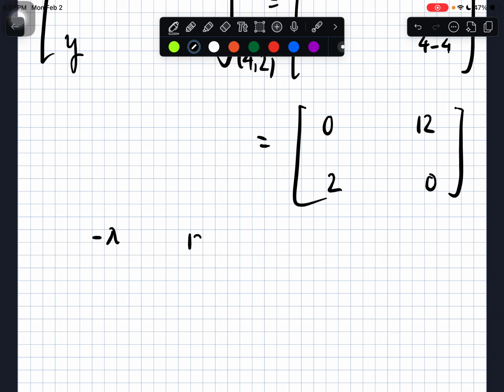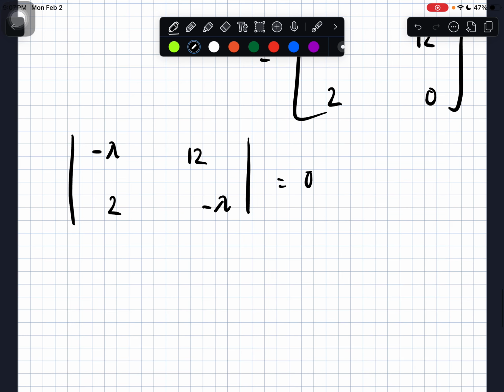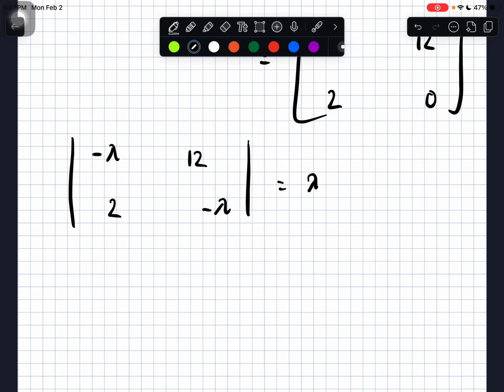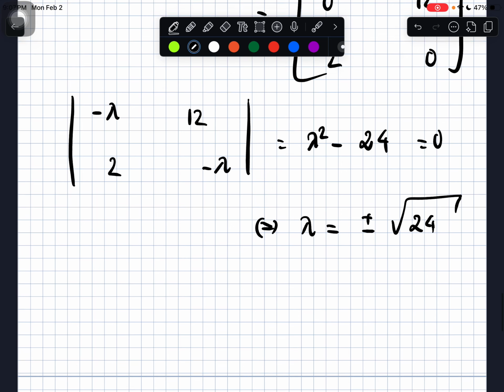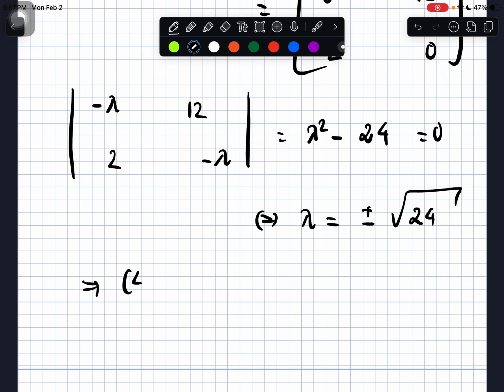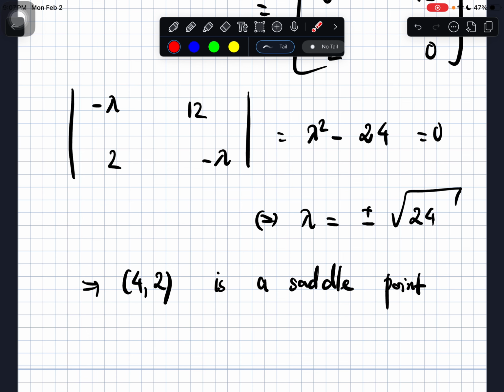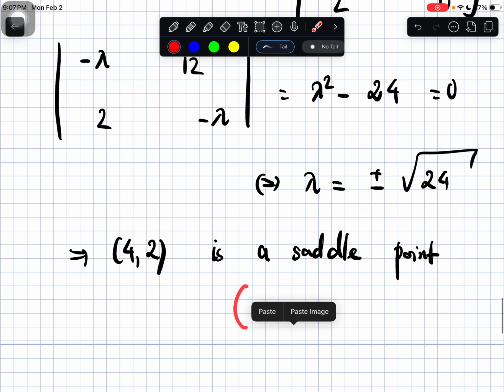The characteristic equation is minus lambda, 12, 2, minus lambda, so lambda squared minus 24 equals 0. Lambda equals plus or minus root 24. So one positive and one negative, we have a saddle point. This is not a special case, so it's a saddle point of the almost linear system. So this is unstable.